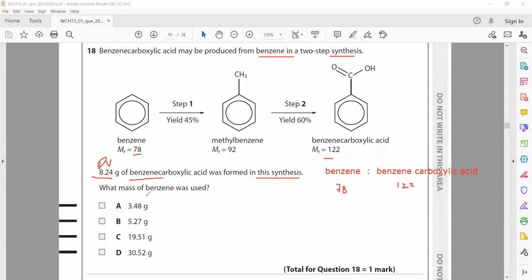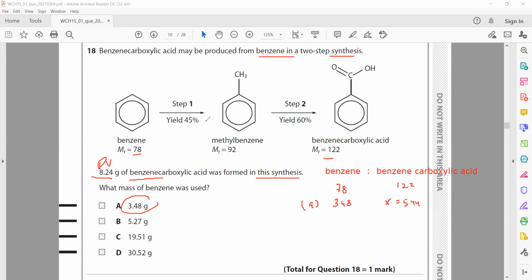So we can do it with all the options. If A was the answer, if it was 3.48 grams of benzene, then this will be X. So 3.48 times 122 divided by 78. That will give us 5.44 grams, but that 5.44 grams is the theoretical value.